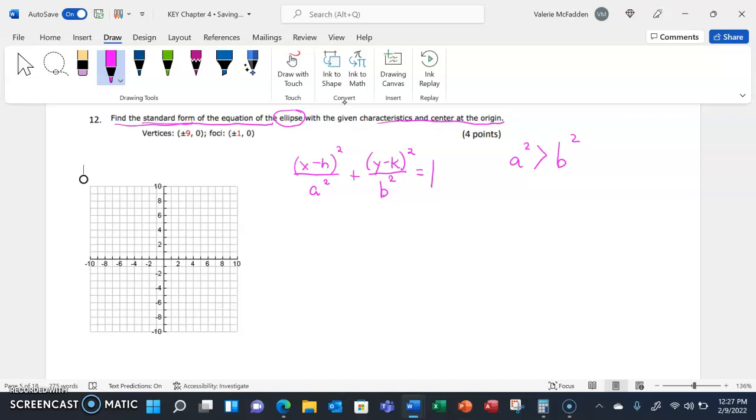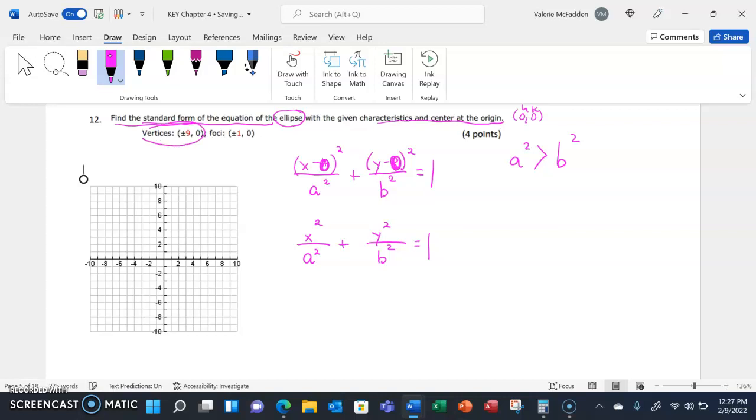So if the center is at the origin, which is our h, k, that means this is really just x squared on top, because x minus 0 is x, over a squared, plus y squared over b squared equals 1, because if h and k are 0, we really just have x squared and y squared.